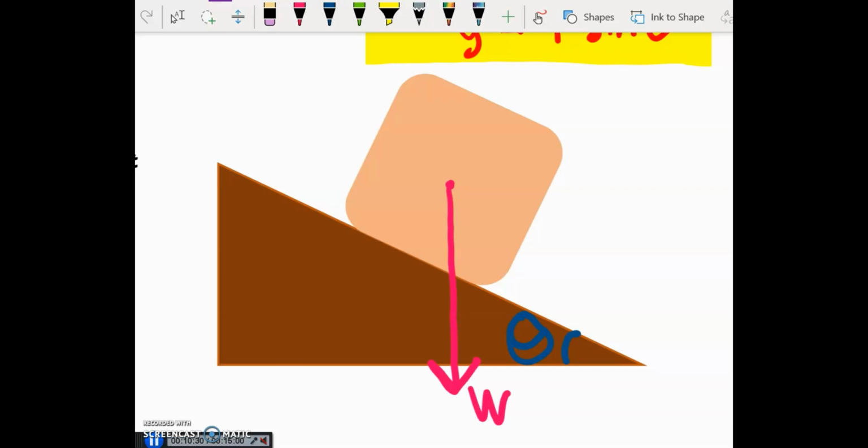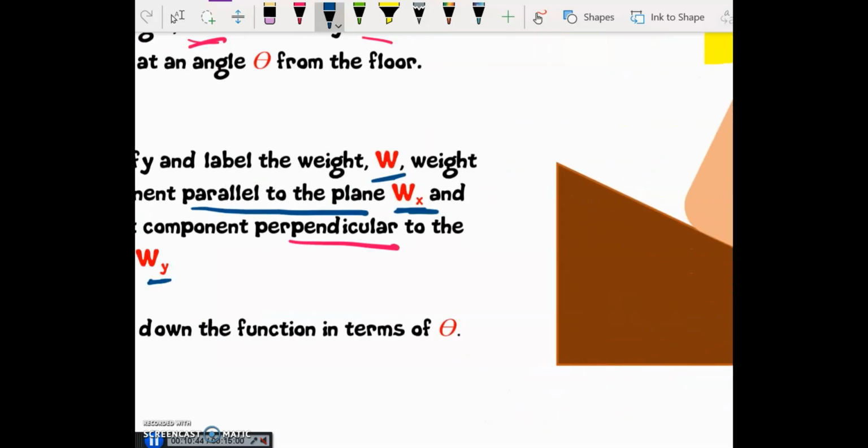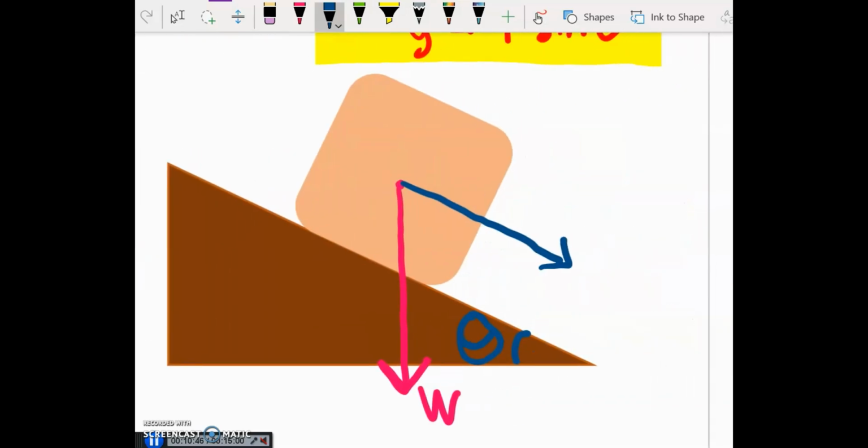First, we have to split it into a component which is parallel to the plane. So draw a line parallel to the plane. That is one component which we call Wx. And then the second one is to draw a component perpendicular to the plane.